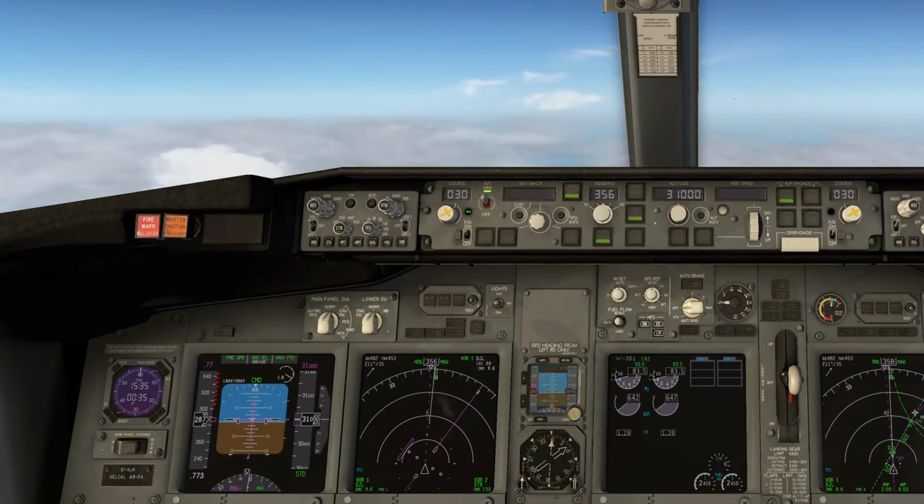We will shortly be turning right to heading 030, or to follow the 030 radial. We have some tailwind of 35 knots. So the current ground speed is 482.